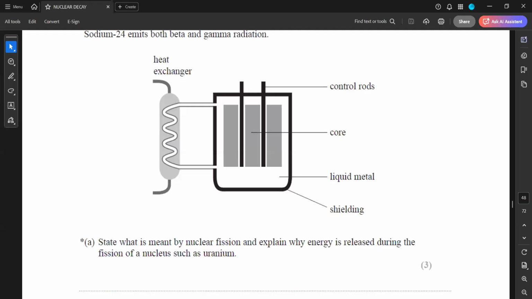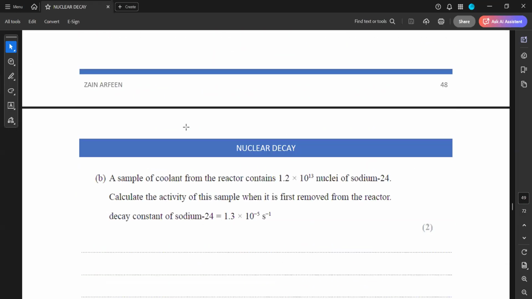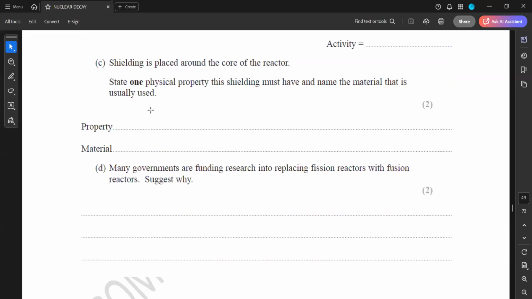It should have a very high density, so it will prevent the radiation from escaping to the surroundings. So the property is high density, and the material we use is concrete.